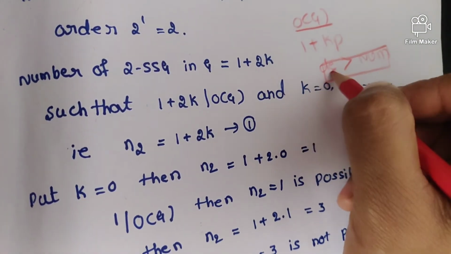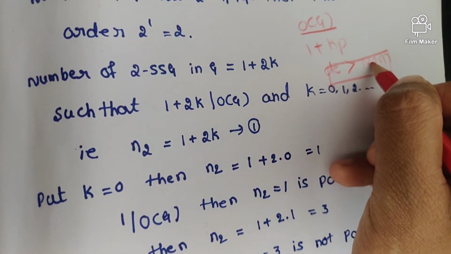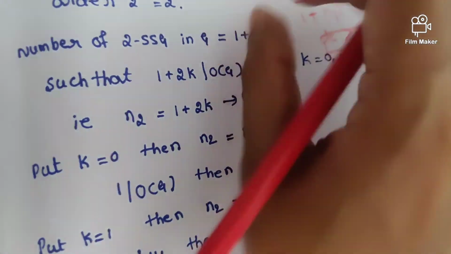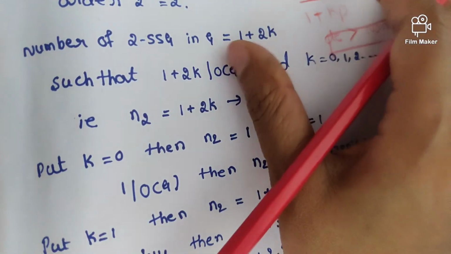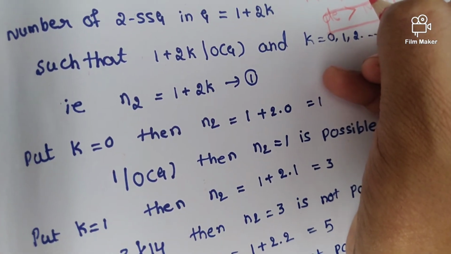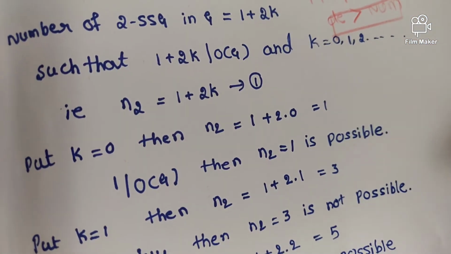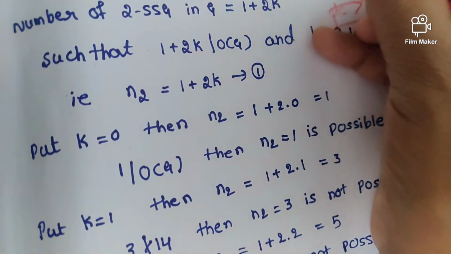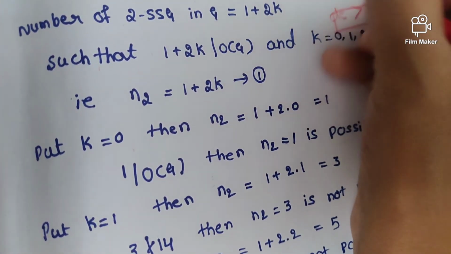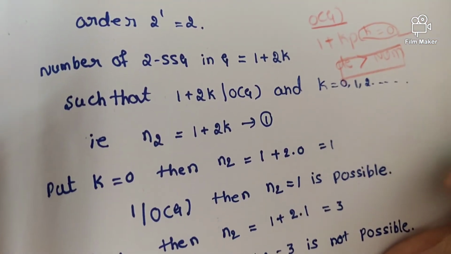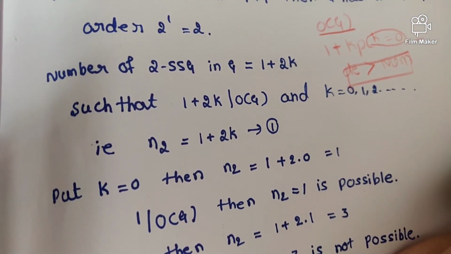When you get a denominator greater than the numerator, then you just stop and write. If for any k, like 1, 2, 3, 4, it is not possible to divide, then you have to put k equal to 0. If you put k equal to 0, you will get your answer as 1.